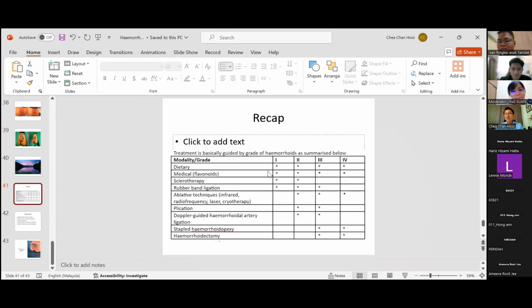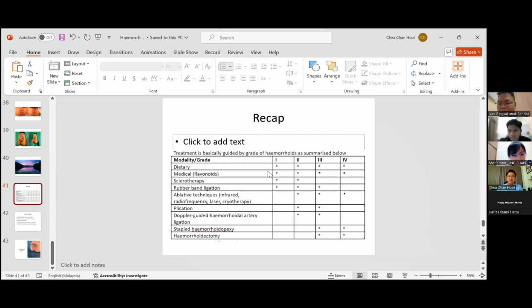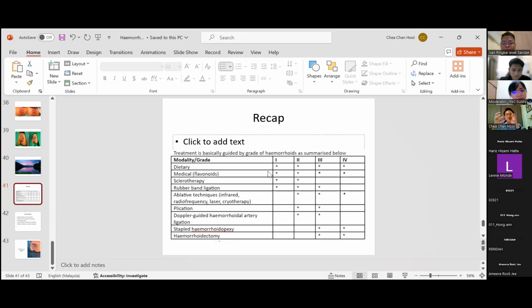Babies, no. Simply because the pathophysiology is such that the connective tissue around the anorectal canal along the anal cushion has to be damaged before they can prolapse out and cause it to swell up. So babies being babies, one, they are not standing yet. Number two, usually their poop is softer.